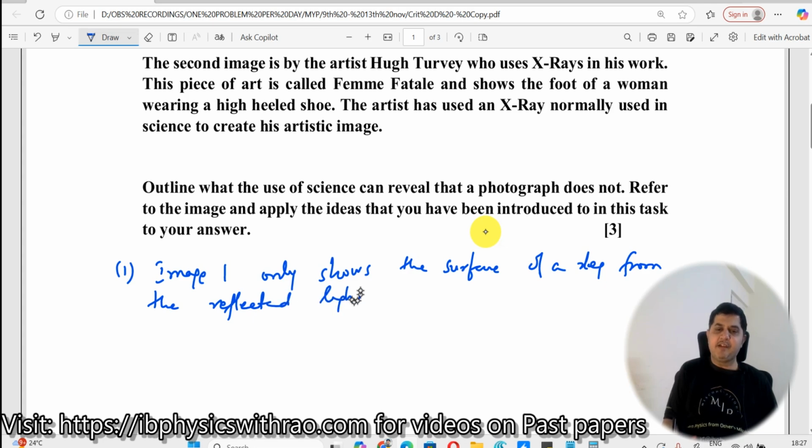That is what happens, because though two images are given, you need to discuss the physics behind it. You cannot say, see, the image is so good, so colorful and so on. That is not required over here. It's about the physics that you need to discuss. So image one only shows the surface from the reflected light; somewhere some part of physics is coming. The photograph actually works only based on the reflected light.